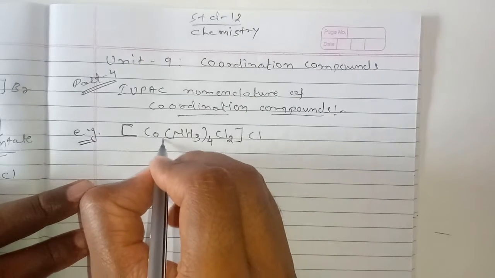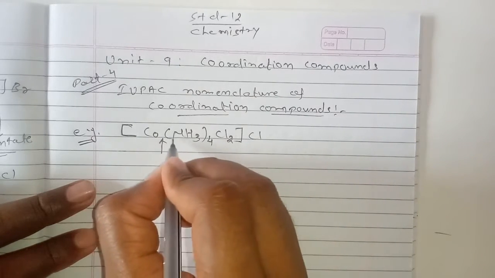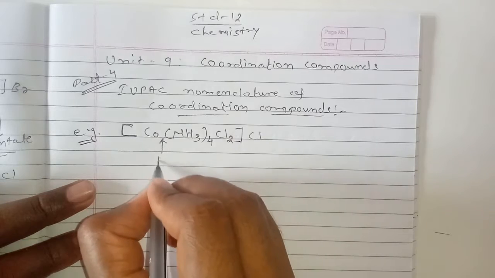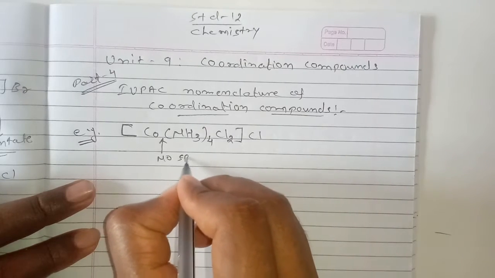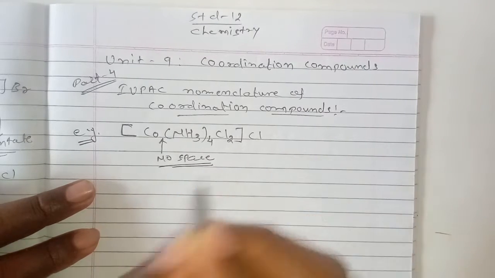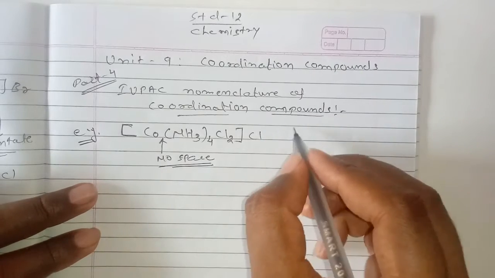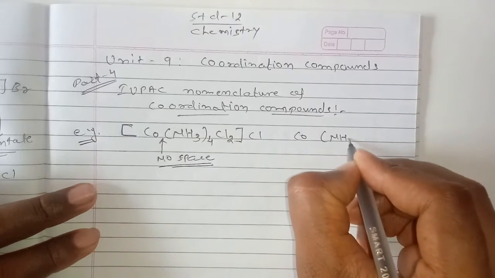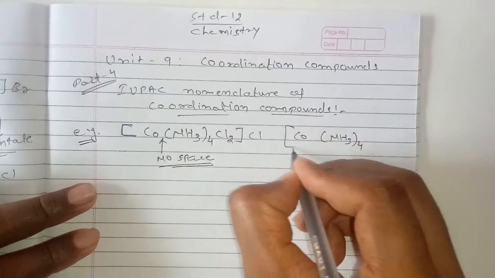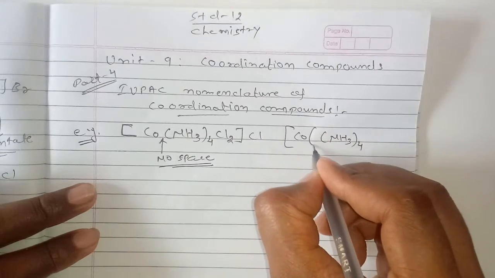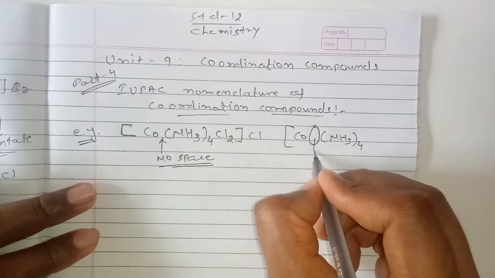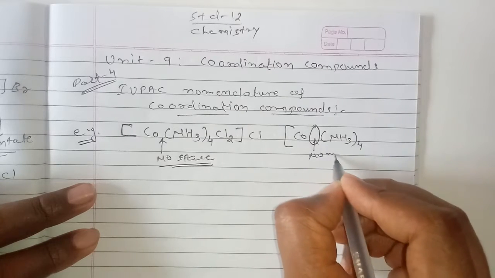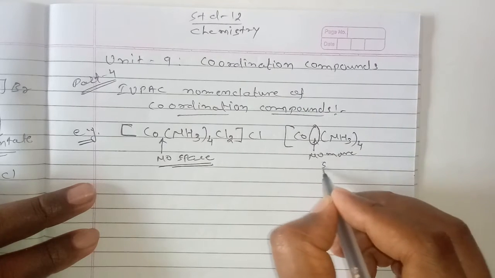So between the central metal atom and the ligand there is no space.